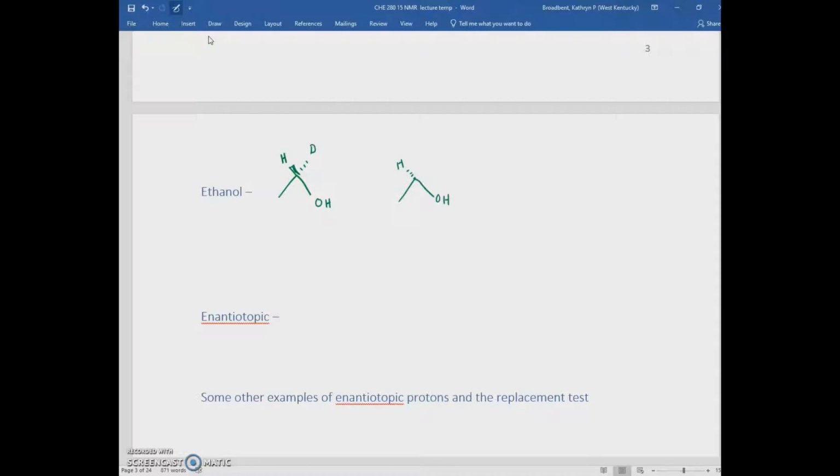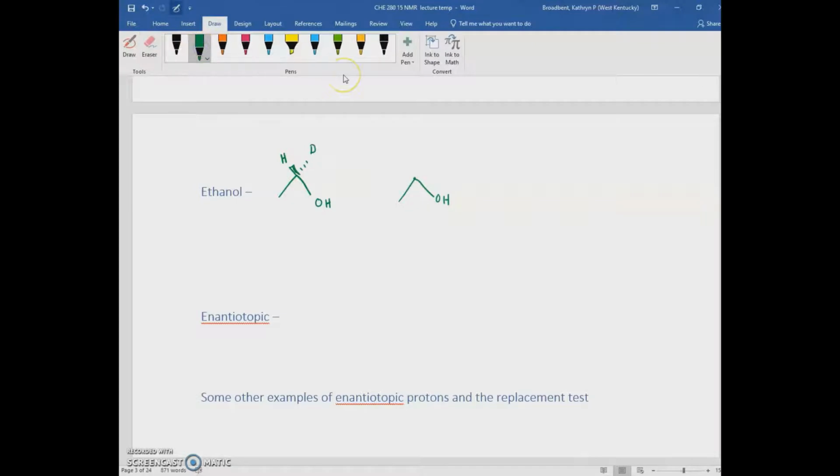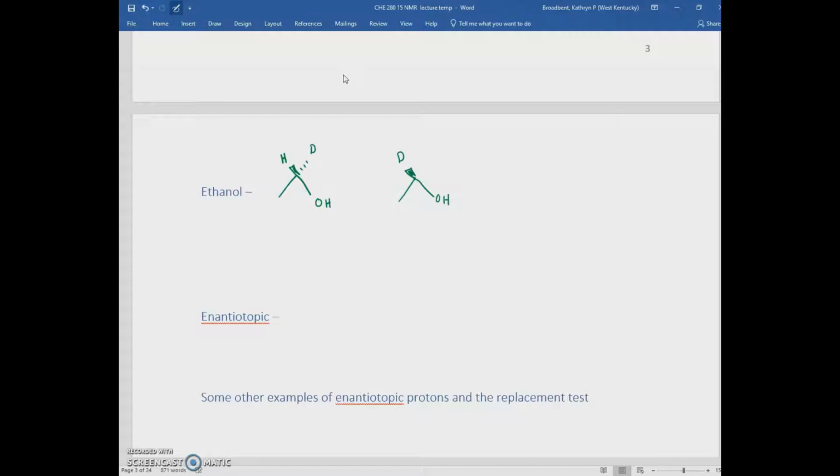I'm sorry, let me fix that. I'm going to make them different. Okay. If we rotate this, we do not get the same compound, they're not interchangeable.